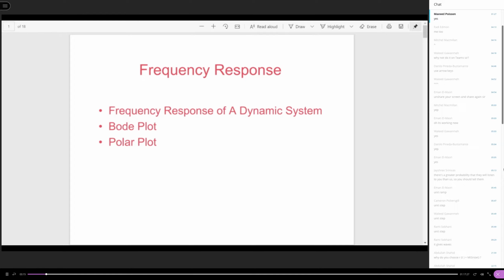The Nyquist plot actually is this polar plot, not something new. So as long as you know these two plots, the Nyquist plot is going to be a special case of the polar plot. And there is also a relation between the polar plot and the Bode plot. Once you understand these two plots and their relation, then the frequency response pretty much is there. So let's see how it goes.